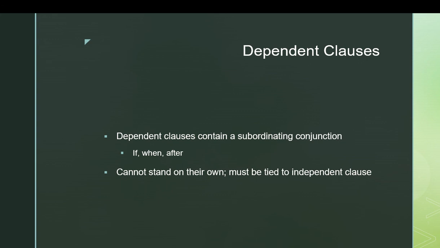You can't just say "if the sun doesn't rise," period. That would not constitute a full sentence. This is said sometimes, generally in a particular context where you can imply the independent clause that comes with it. But in proper grammar, it needs to be tied to an independent clause in order to form a sentence. Otherwise, it's outside of the rules of grammar.